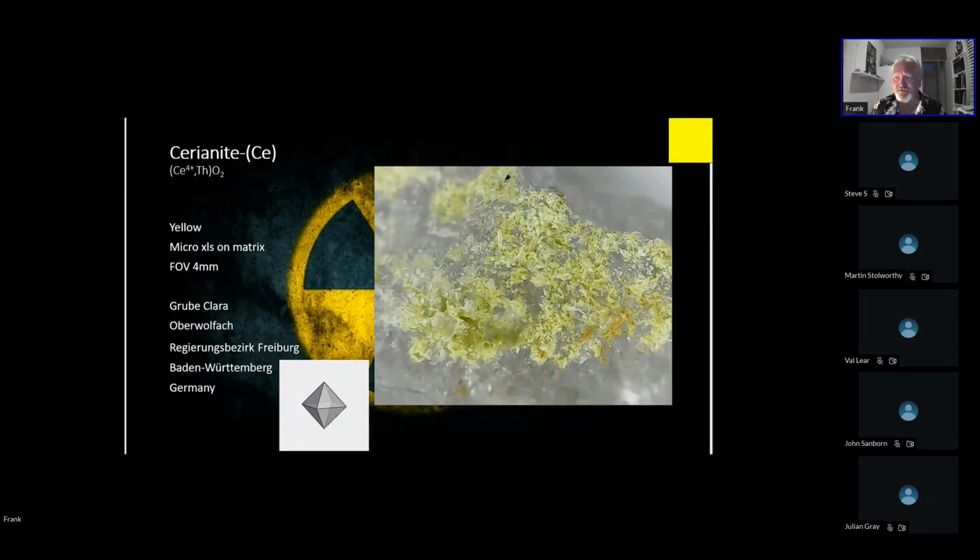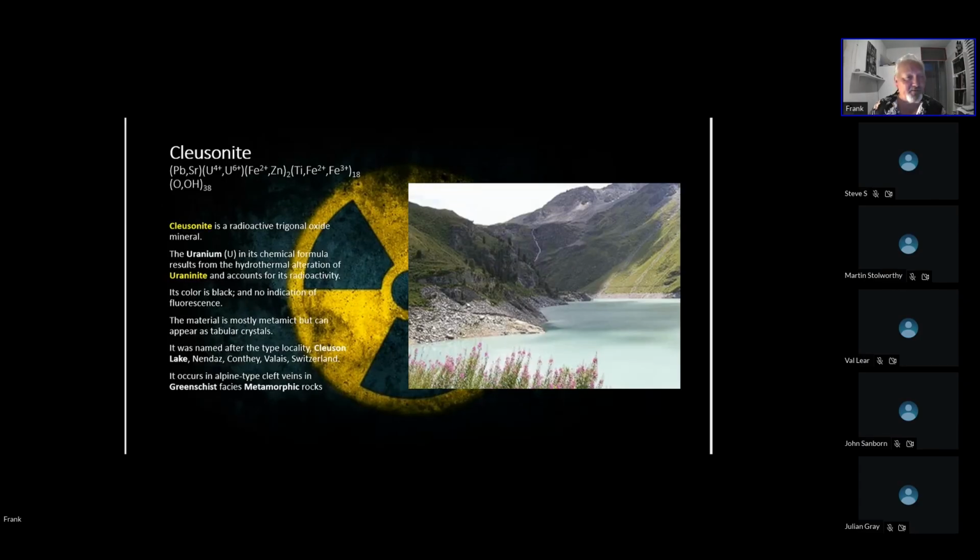My specimen consists of yellow microcrystals on matrix from the Clara mine in Wolfach in Germany. One of the few radioactive minerals from there. I also have a specimen from Morro do Ferro in Minas Gerais in Brazil, which is orange-brown in this case.